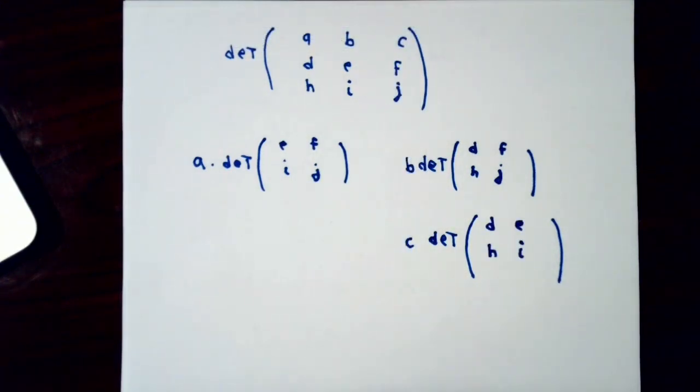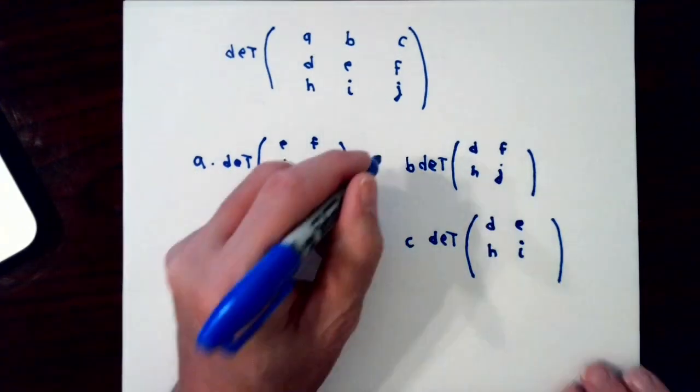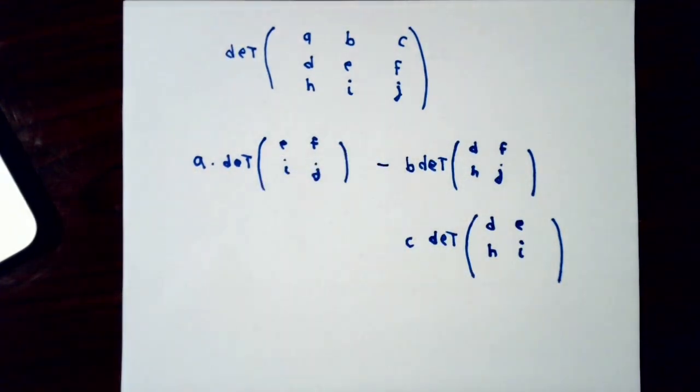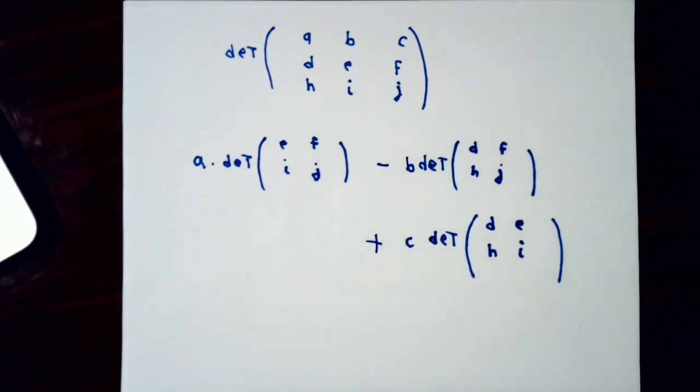Having formed these 3 numbers, we alternately add and subtract them. So we will write this number down, and then we will subtract the next number, and then add the other number. If we had more terms somehow, we would continue alternately adding and subtracting.